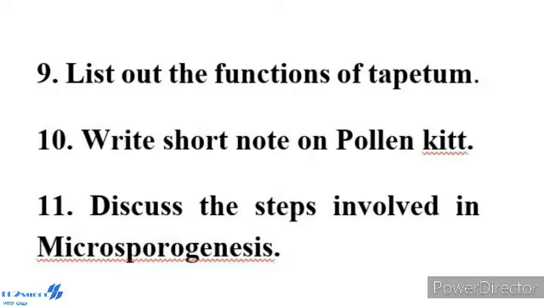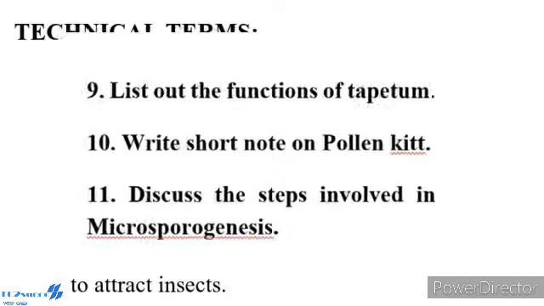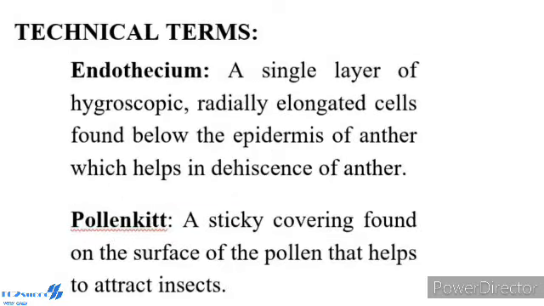Ninth question: list out the functions of tapetum. 10th question: write a short note on pollen kit. 11th question: discuss the steps involved in microsporogenesis. In this chapter, they are discussing some technical terms. Endothecium, a single layer of hygroscopic, radially elongated cells found below the epidermis of anther, which helps in the dehiscence of anther.